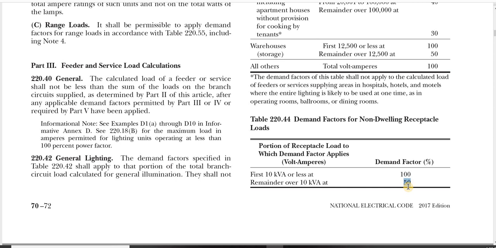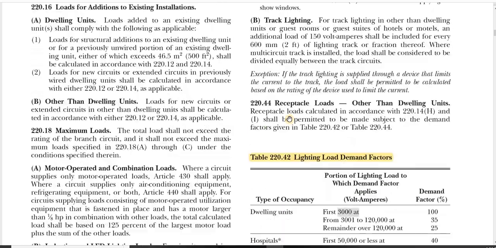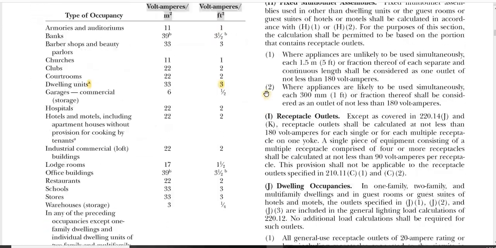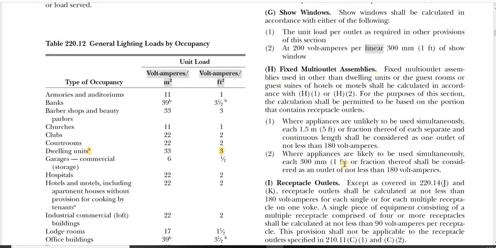That gives us 11,750, and that is the calculated VA or demand load for the non-dwelling receptacle loads in our question, because our question simply asks about fixed multi-outlet assemblies. So on an exam, if you get that simple question, that's just simply how it works.